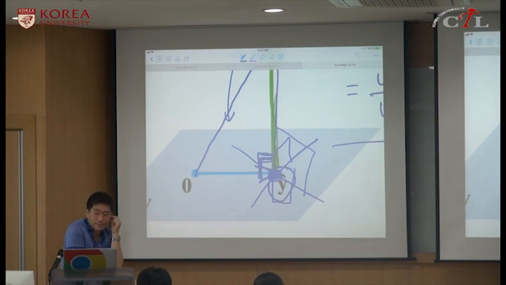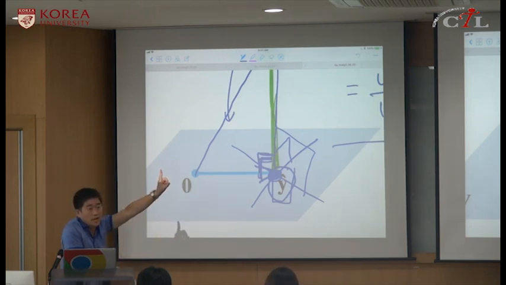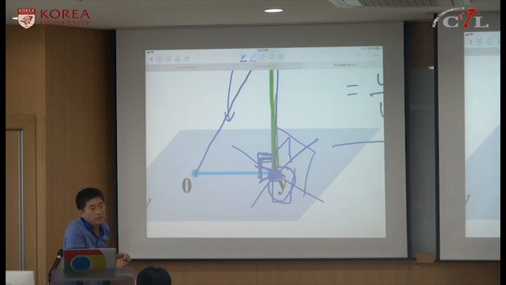So that means this vertical vector should be perpendicular to any given vector chosen from W. Okay?